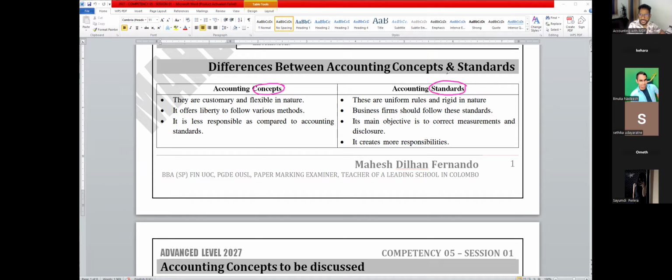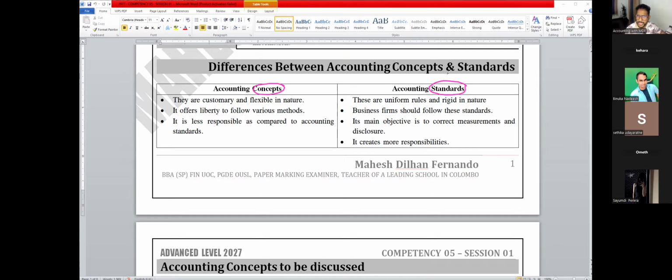Here I'm using this table to explain the differences between the concepts and standards. This is not covering everything, but for you to understand that there is a difference between accounting concepts and standards. I'm always telling you, whenever you study something, you should be in a position to explain it to another person so that he or she can understand it.